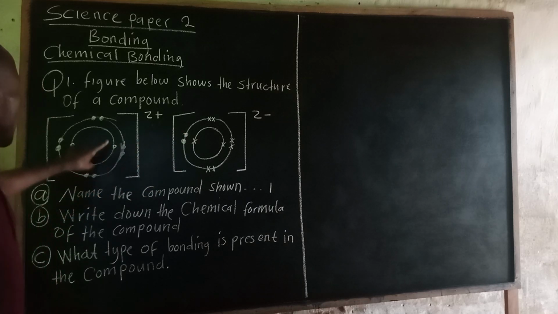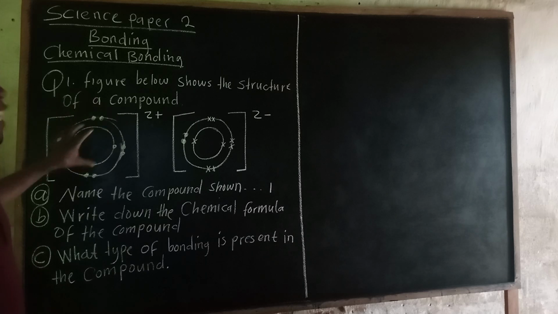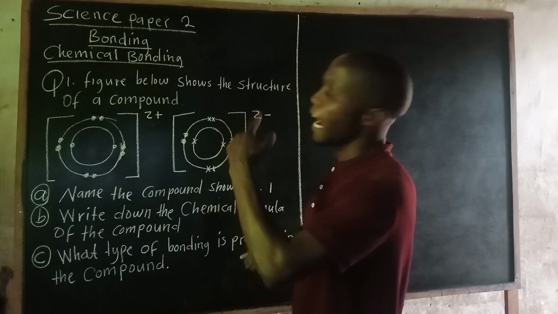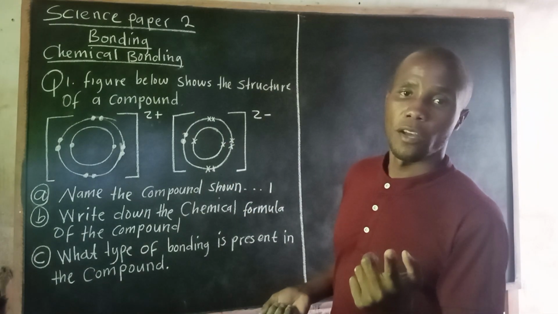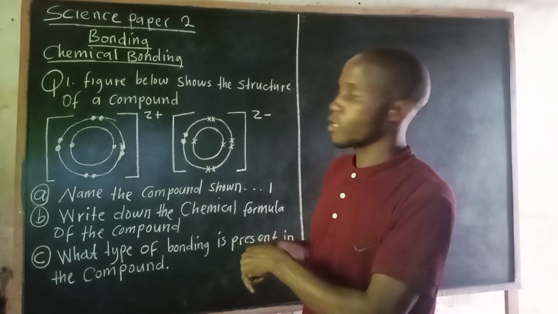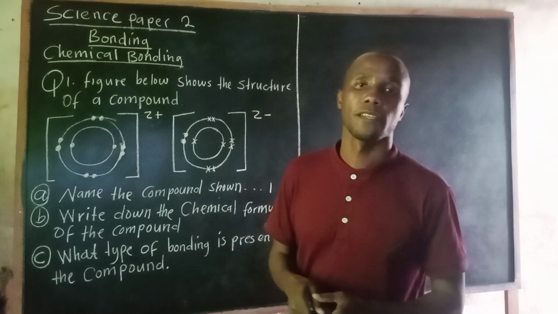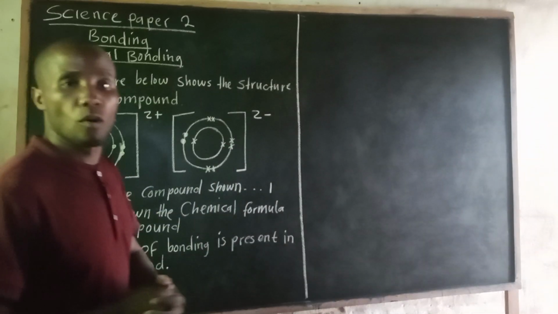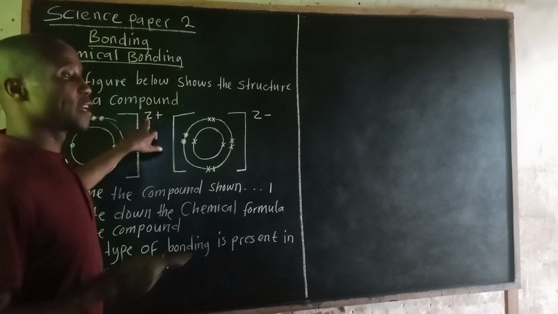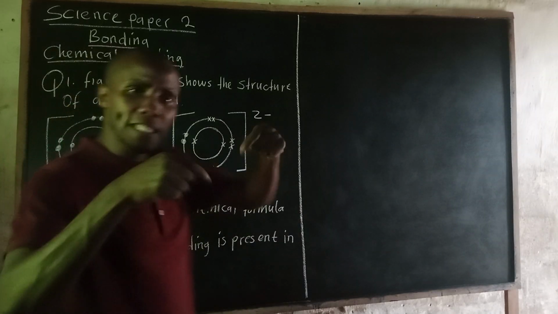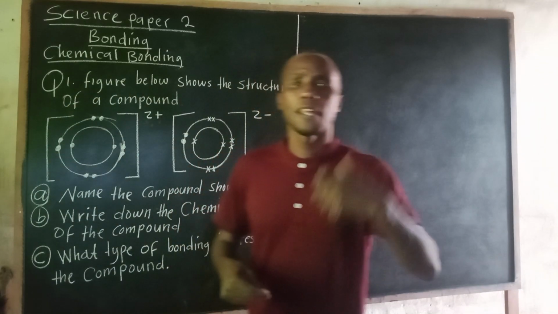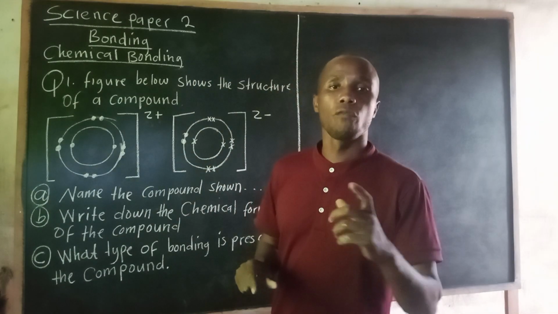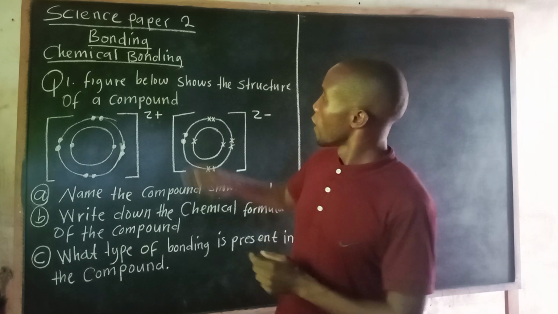Just looking at the number of electrons that are found in the outermost shell tells you the group in which that particular element is. So this element is in group 2 if you go on a periodic table, because it is the electrons found in the outermost shell which determine the position of an element in terms of group.